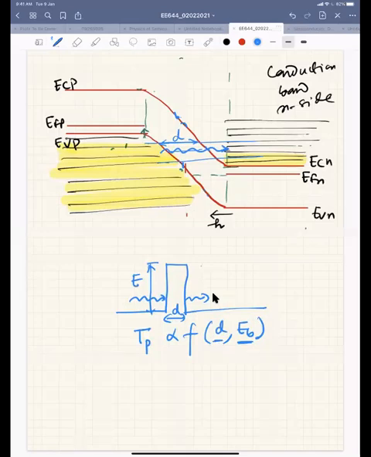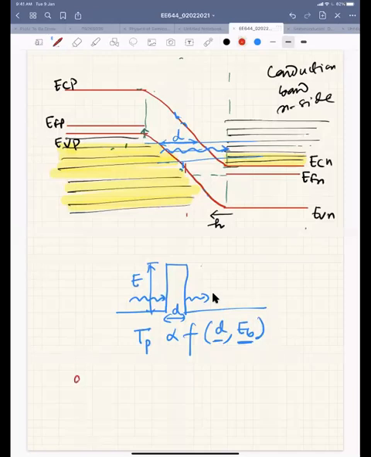In the case of reverse bias, if you look at the band diagram, on the p side there are filled states, and on the n side there are empty states. So the electrons could tunnel from the p side to the n side, and that is only possible if the depletion width is very low.